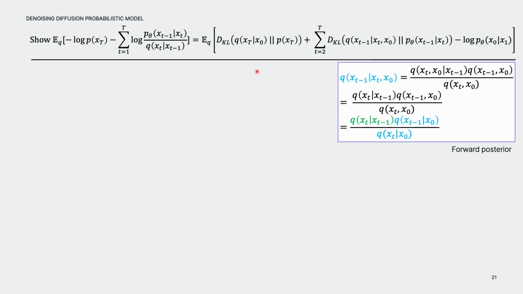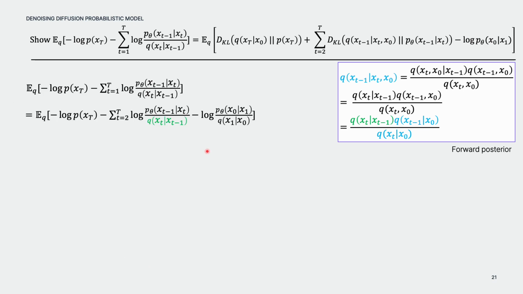So now we will see how this loss is derived from variational inference. And here is a little helper from Bayes rule. So this line is the last line from the variational inference slide, from which we start. And here, we simply separate out the t equals 1 term.